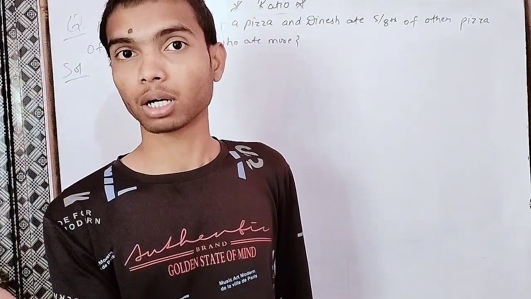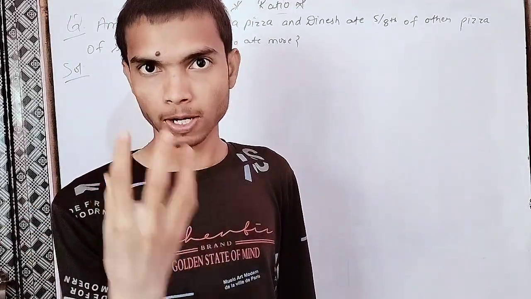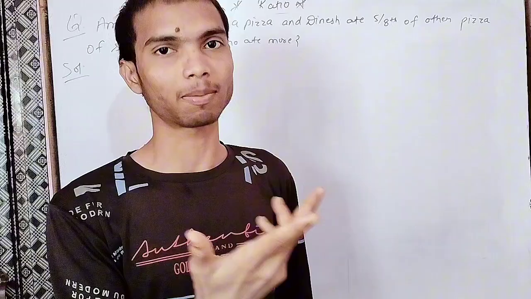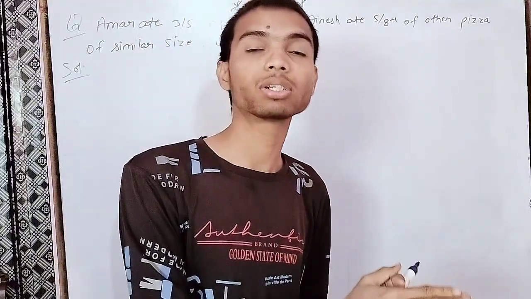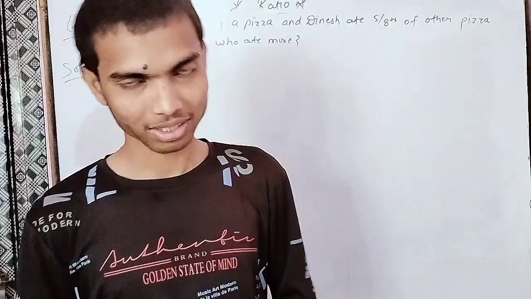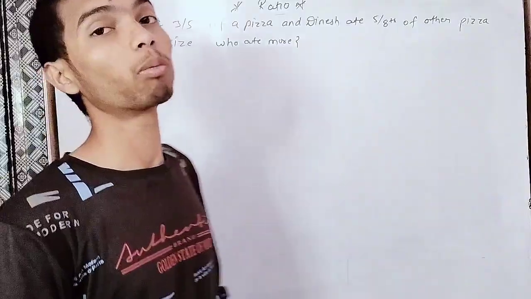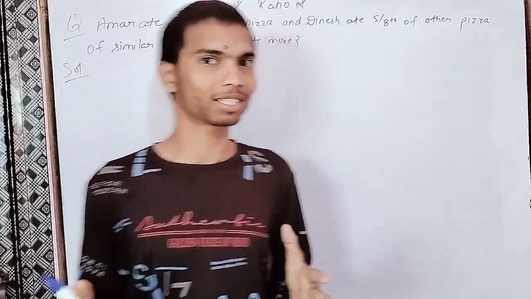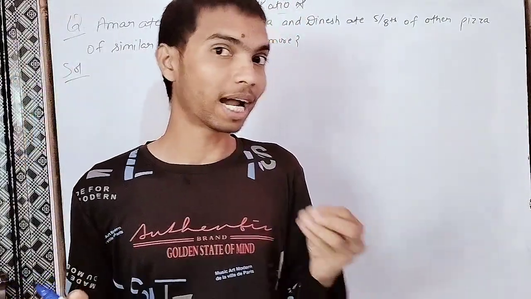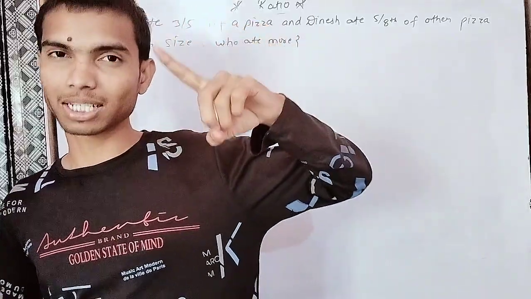But the condition is that the denominators should be the same. Then it can be told which one is greater or less. But here the denominators are not the same. So the idea is that we can make the denominators the same.